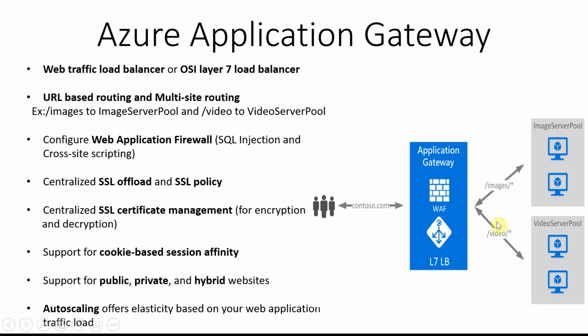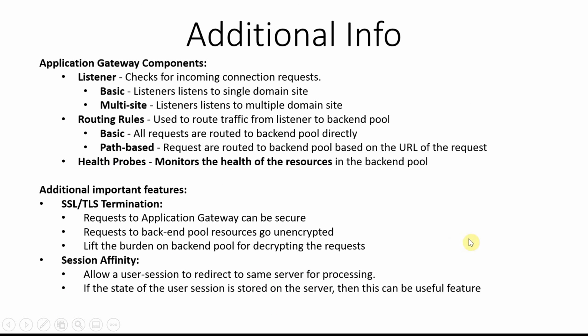Both are the same. If we have a requirement like that, then we should use path-based routing. Of course, the health probes are equally important. In all four load balancers, the health probe is common. It will monitor the health based on the port and IP address that you provide. So that's about this component.